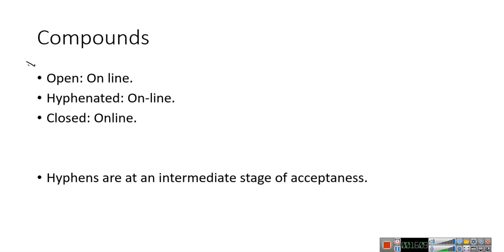Then we have hyphenated, which is with a hyphen, on-line. Hyphenated is just a fancy word for saying that it has a hyphen. And closed, the two words that I joined but don't have necessarily a hyphen, online.